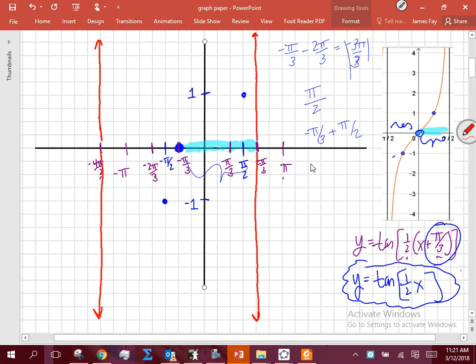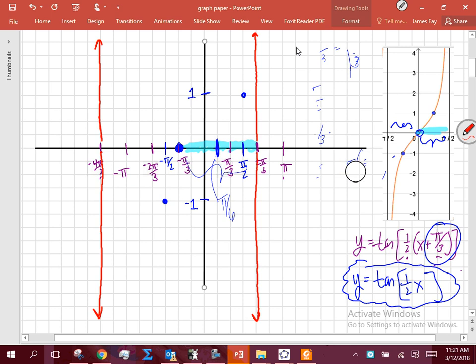That's negative 2 pi over 6 plus 3 pi over 6, right? And that gives me pi over 6. So that gave me the location of the halfway point, and it's pi over 6.